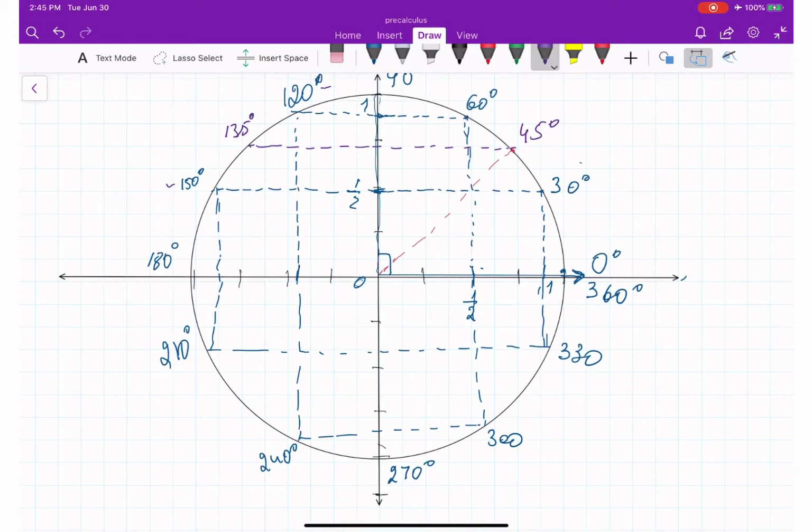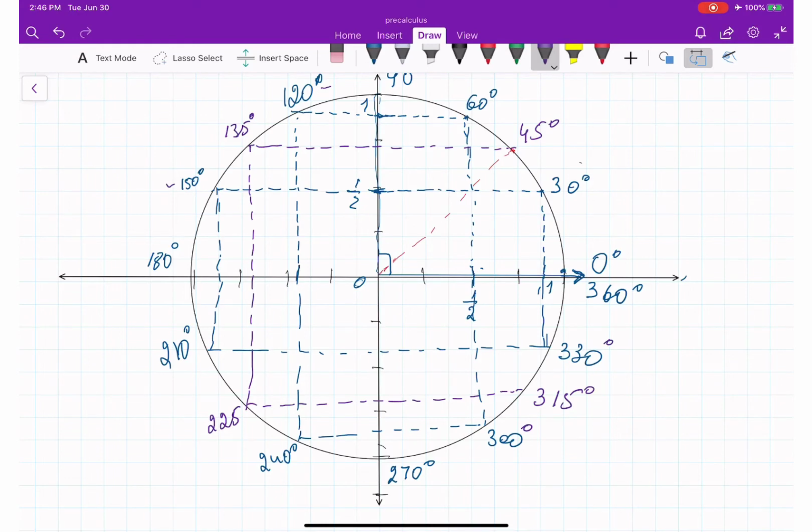Next, moving down, 210 plus 15 is going to be 225, which is also the average of 210 and 240 degrees. Okay, and for 225, if I provide a line on this side, I will get 315 degrees.